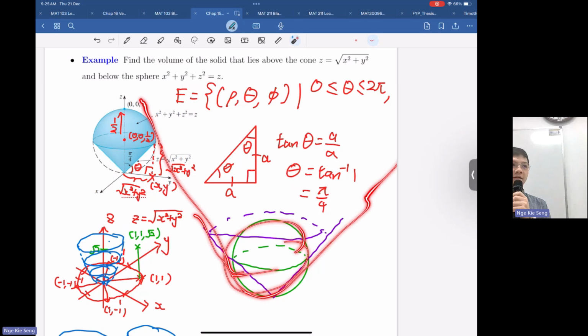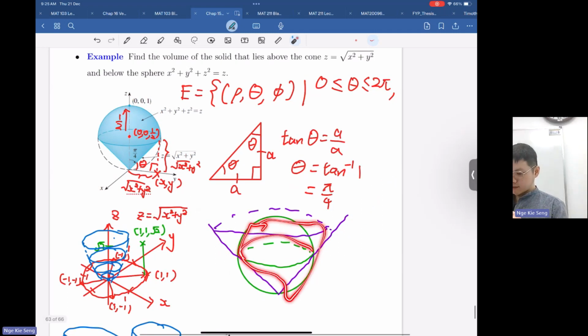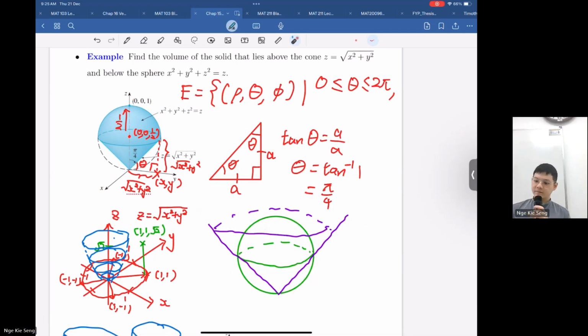The cone can keep going. So what's the intersection here? How to find the intersection?